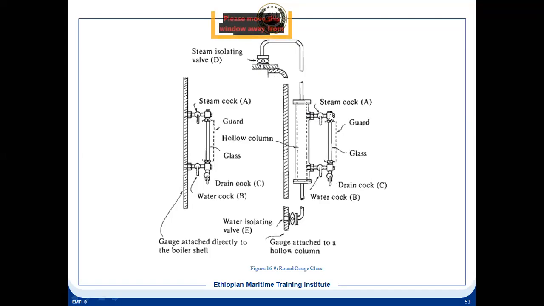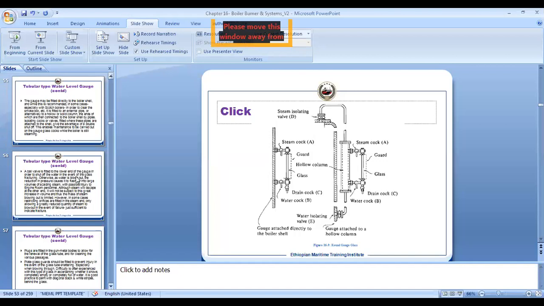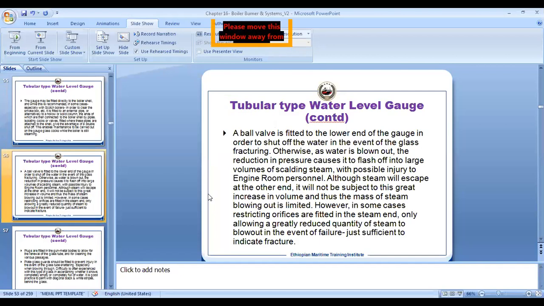In between these two cocks, you have the gunmetal frame, or it could be made of brass also. In between them, you have the round type gauge glass, which is fitted, and the gauge glass is tightened in place with these glands. Inside the glands, there are normally soft tapered plugs, which you tighten the gland with, and that prevents the steam or the water from leaking out. That makes a steam tight, watertight, airtight seal over there.